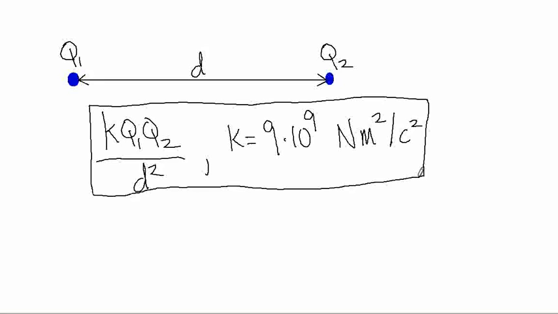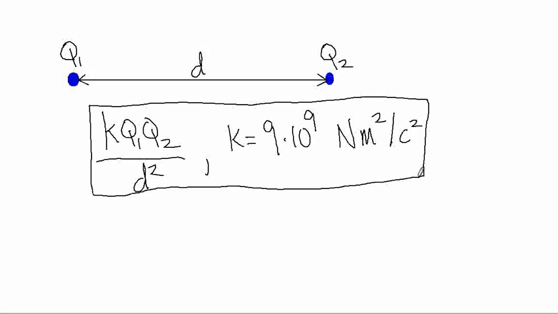Here we are doing something similar. We still divide by d squared. Instead of multiplying masses, we multiply charge, and we still have a constant in front. For gravity, the constant was the capital G, the gravitational constant. Here, it's K, which is referred to as the electric force constant.